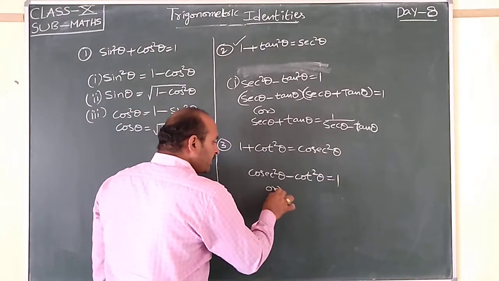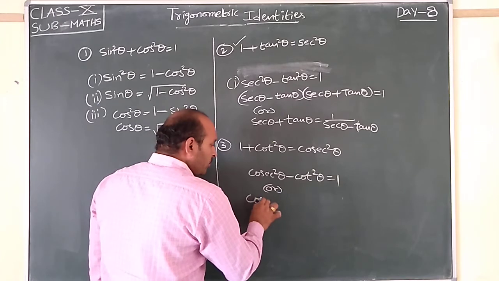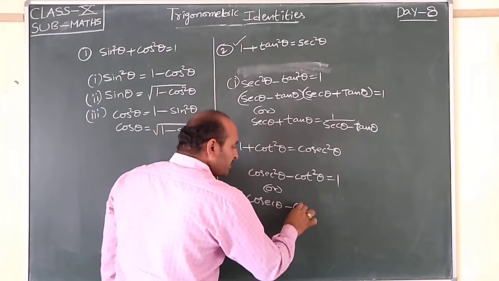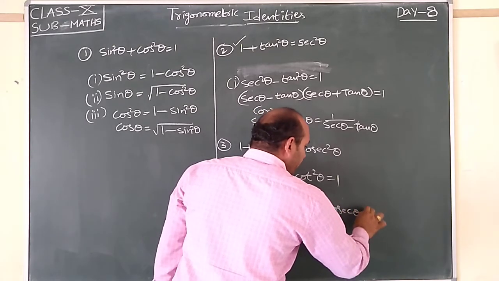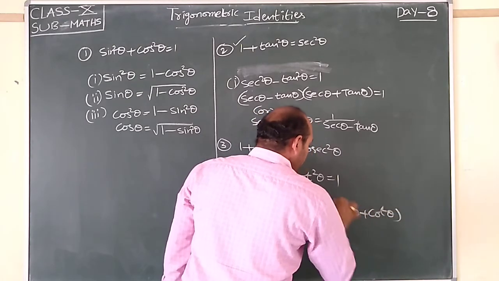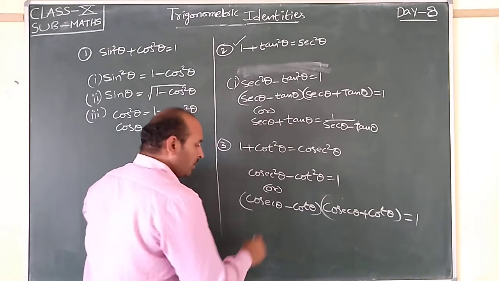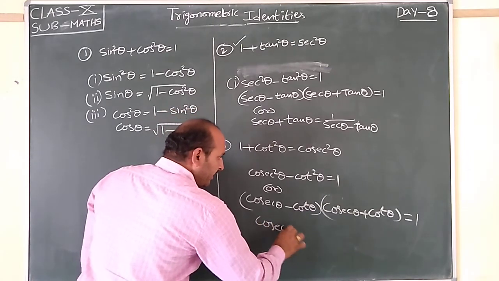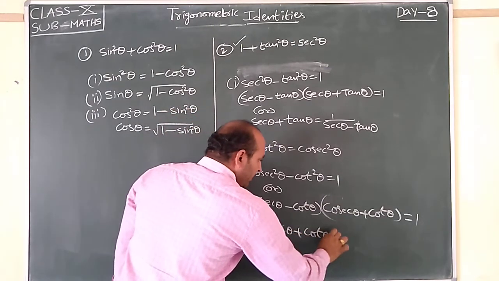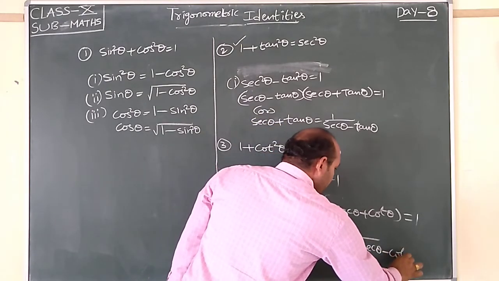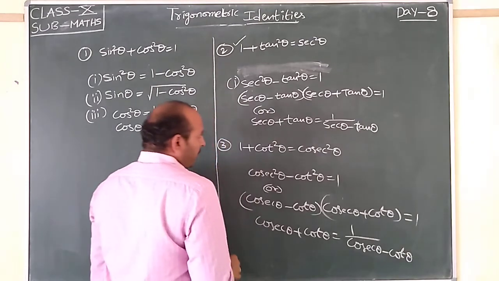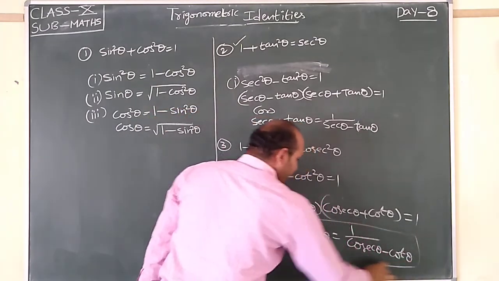Or using a square minus b square, cosecant theta minus cot theta into cosecant theta plus cot theta is equal to 1. So you can write cosecant theta plus cot theta is equal to 1 by cosecant theta minus cot theta.